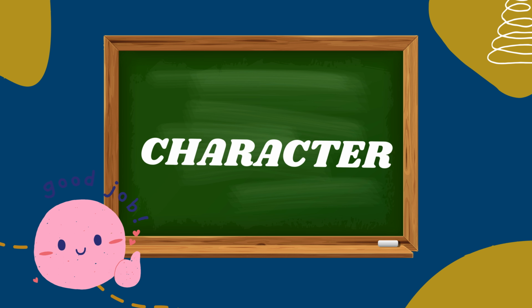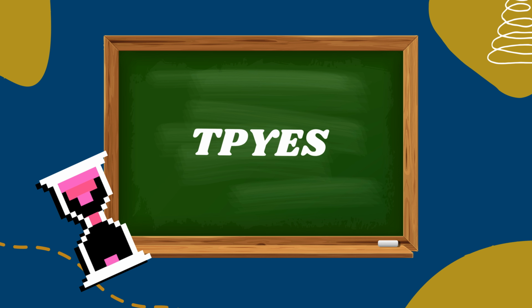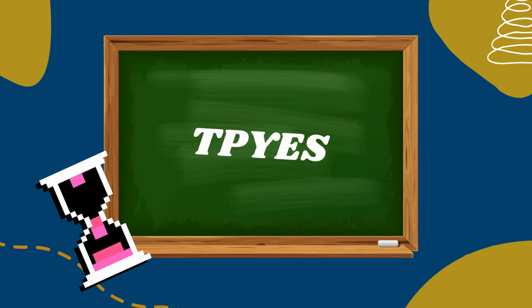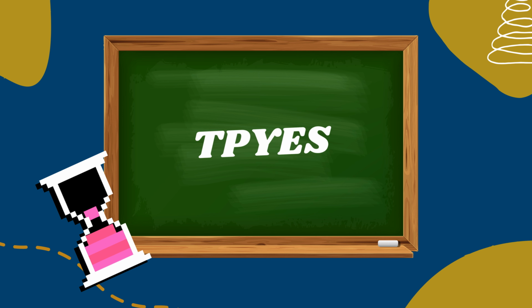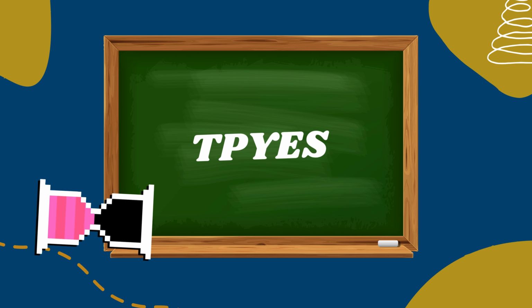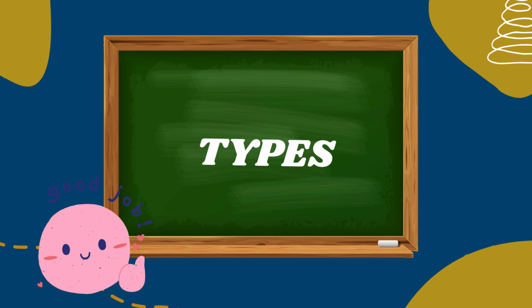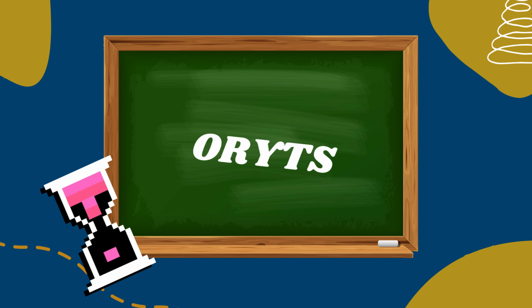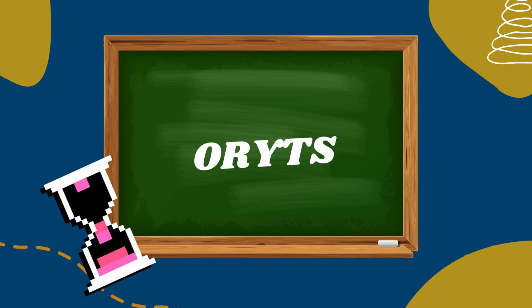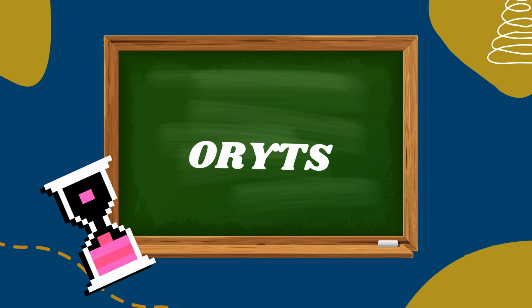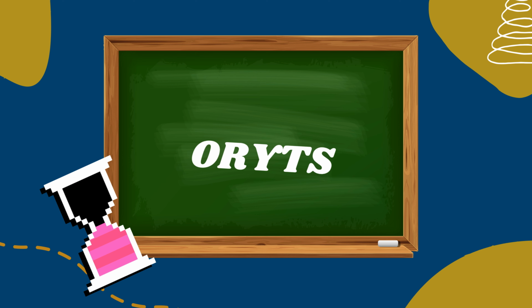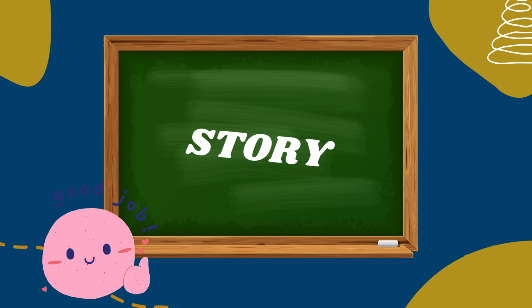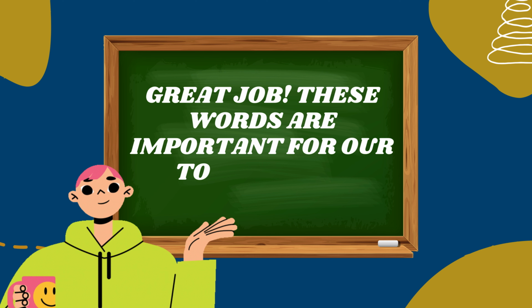The second jumbled word is... that's right, types. Now to the last word. Are you ready? That's right, story. Great job! These words are important for our topic today.